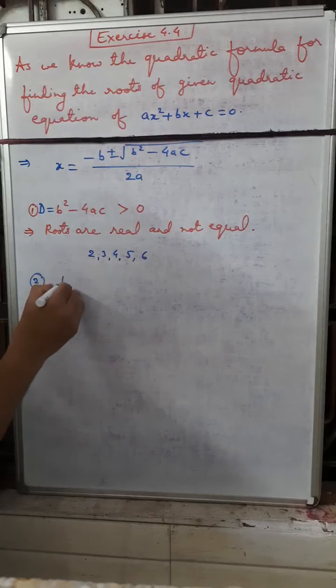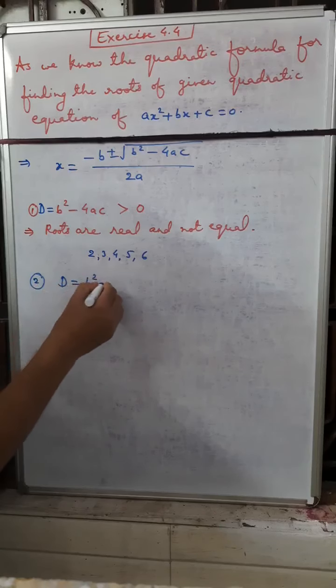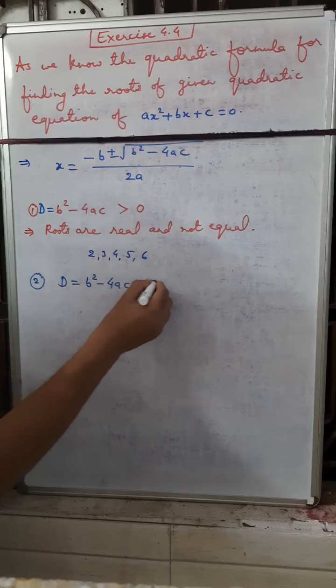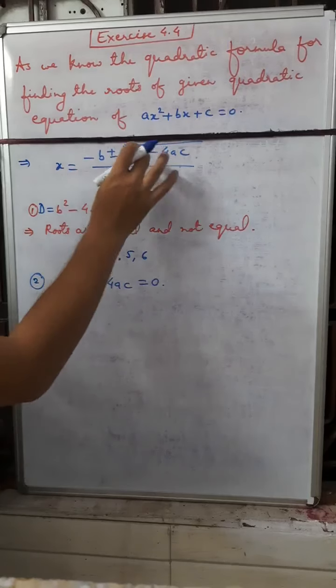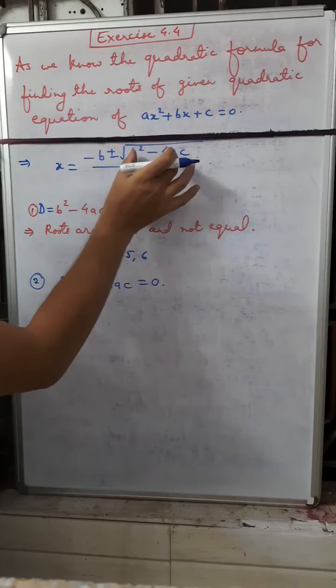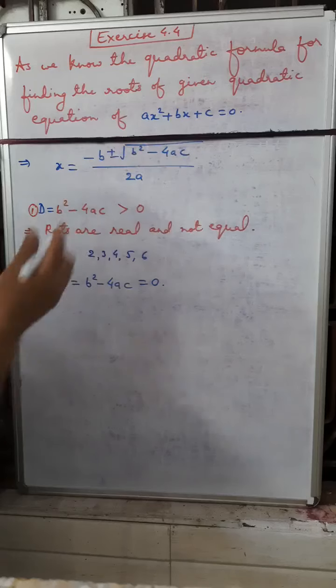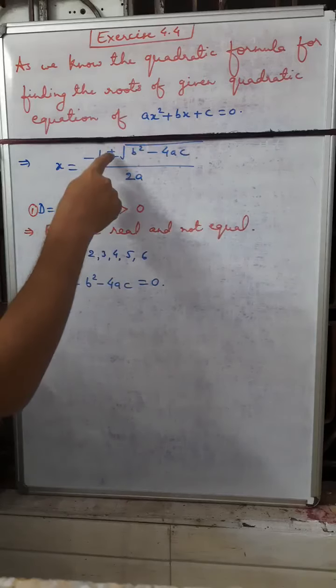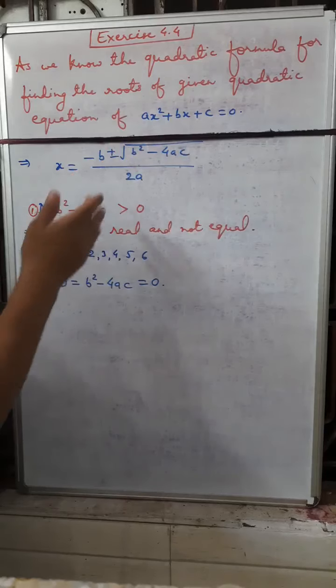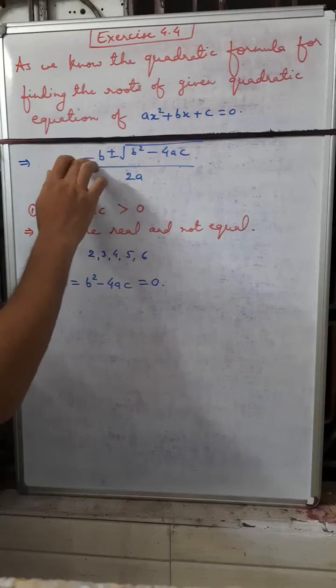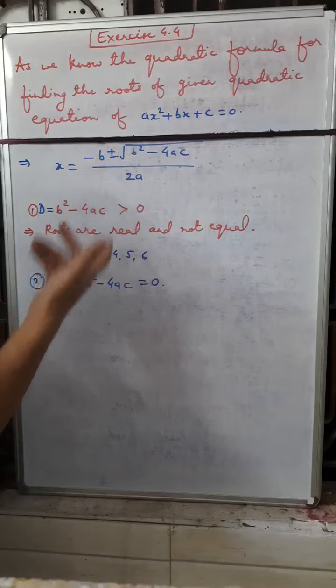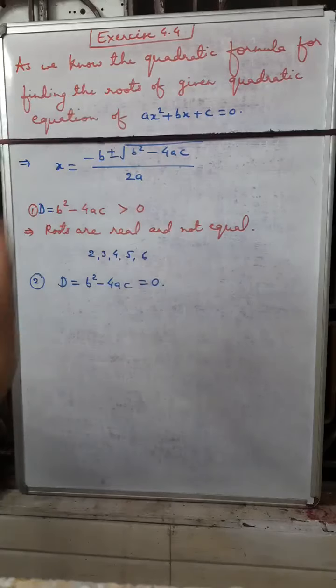The second condition is that D is equal to b square minus 4ac is equal to 0. In that condition, the under root of 0 is equal to 0. So there is no effect of plus minus 0. If you get any number, minus b plus minus 0 upon 2a, 0 doesn't provide any effect here.